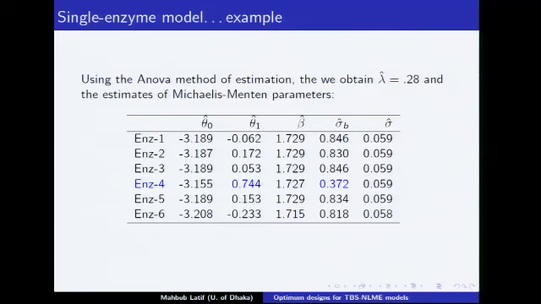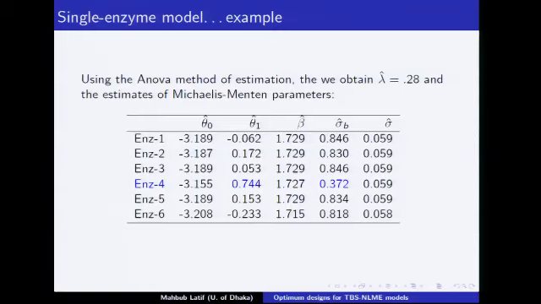You can see from here, since it is in a different color, that enzyme 4 is important. You can see from these values that the sigma b value is smaller for enzyme 4 compared to the other ones.